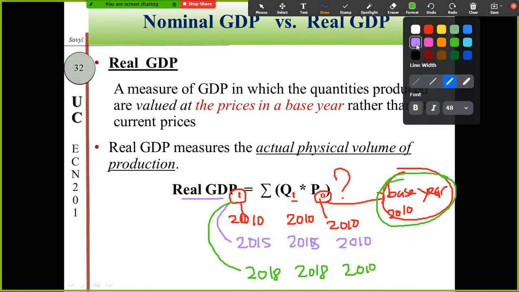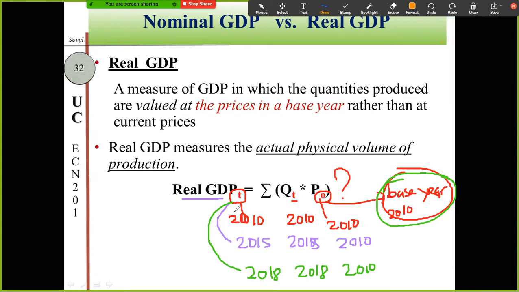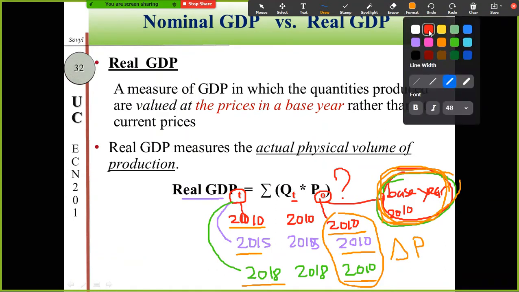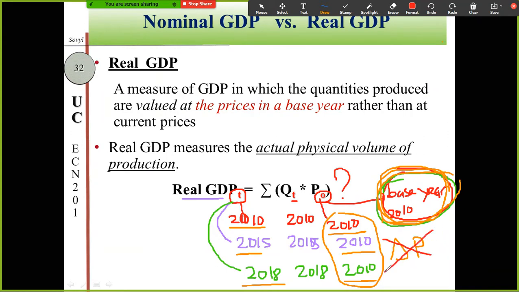So look at this one. If we want to find real GDP 2010, we take price from 2010 because 2010 is the base year. If we want to compute real GDP 2015, we take price from 2010 because 2010 is the base year. If we want to find real GDP 2018, we take the price from 2010 because 2010 is the base year. So you can see in these three years of real GDP, the change in price is 0.